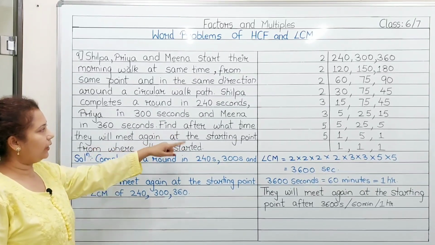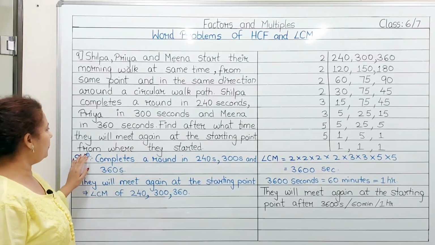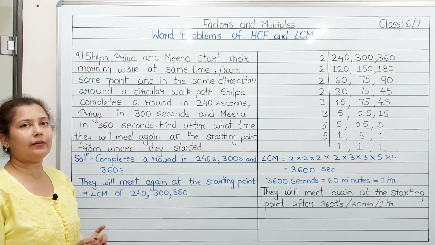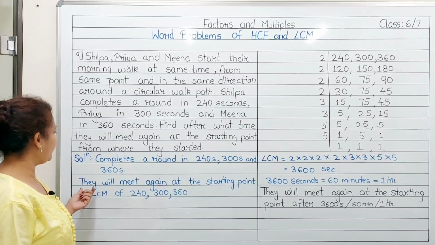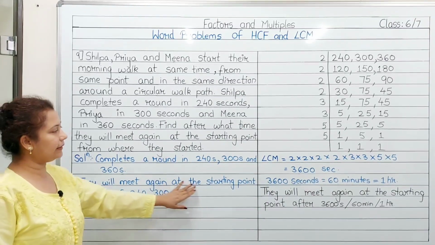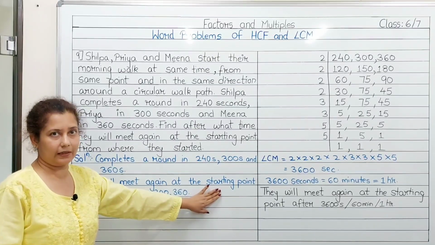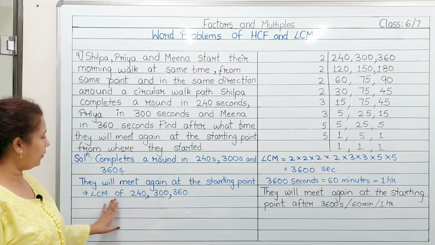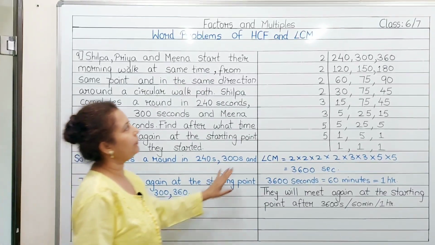We have to find after what time they will meet again at the starting point from where they started. They have to meet at the same time at the starting point, so we have to find LCM. It indicates that we have to find the LCM of 240, 300 and 360.